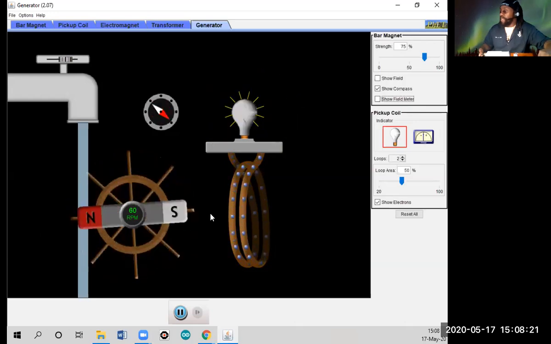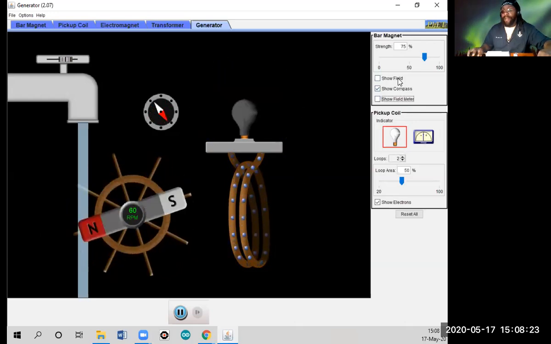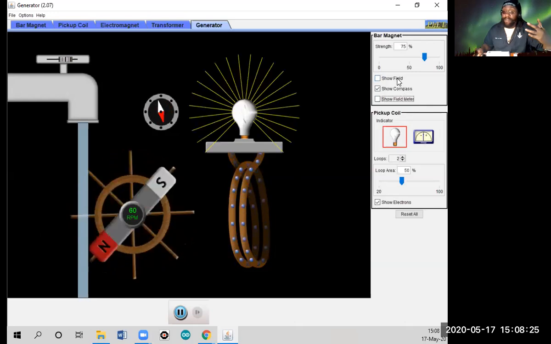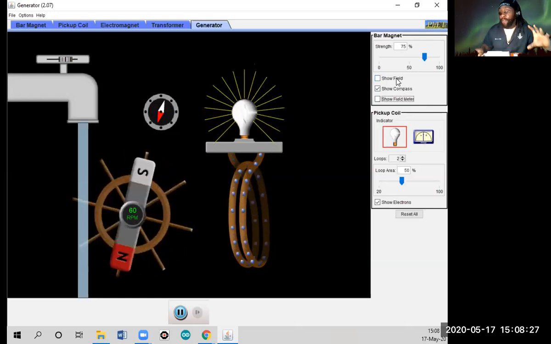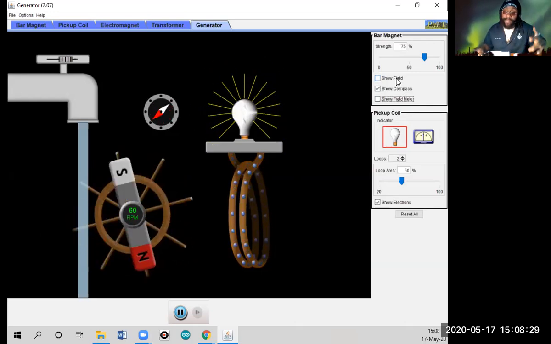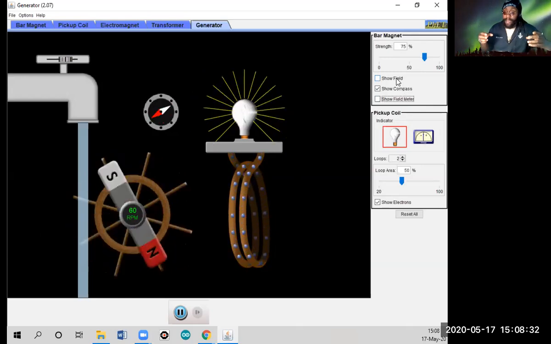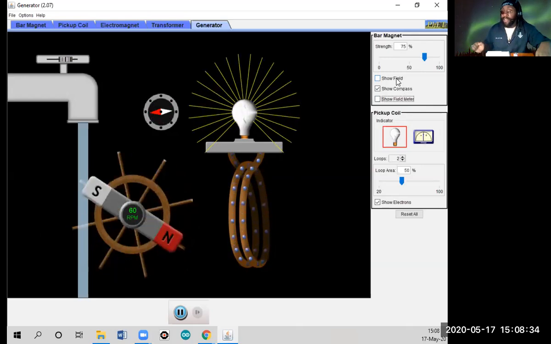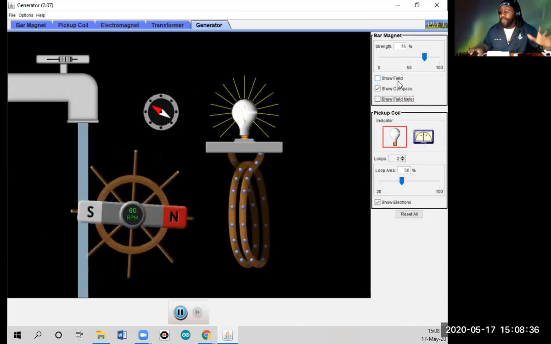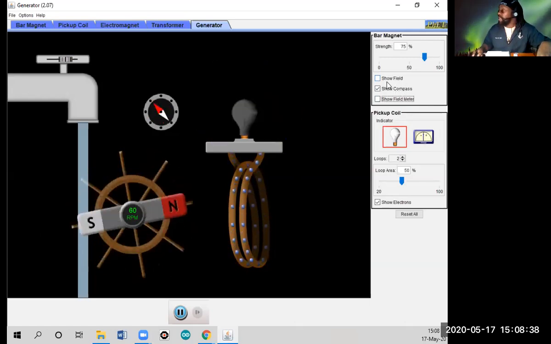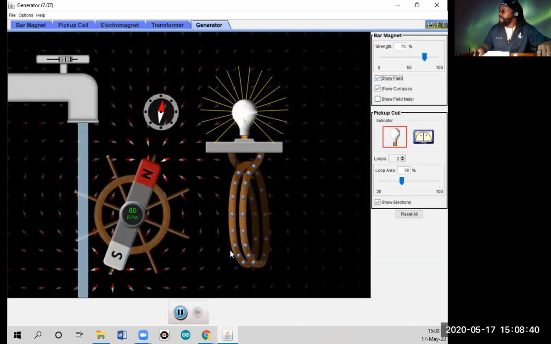Now, with that said, try to visualize that there is a magnetic field all around us. There's a reason why you can have two magnets and put them nearby, and if you follow the laws of magnetism, they'll either attract or repel. That's a different discussion. So, show field.